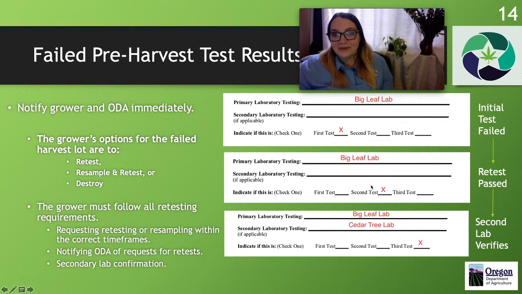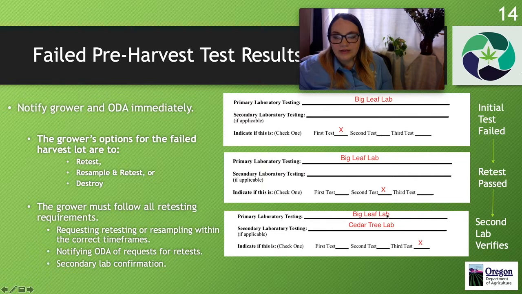It gets really complicated when I'm dealing with a lot of different results, and if I get 2 test reports from the same grower that both say first test, it's hard for me to decipher which was the retest result and which was the original result. So please make sure you put second test if it's a second test.